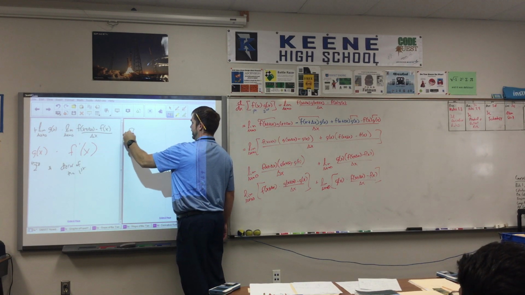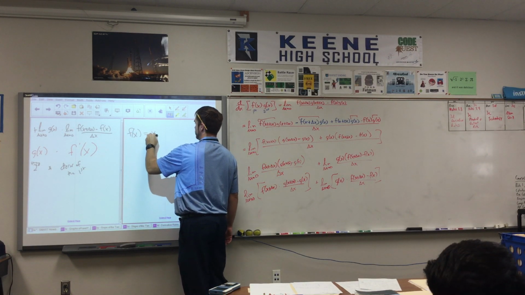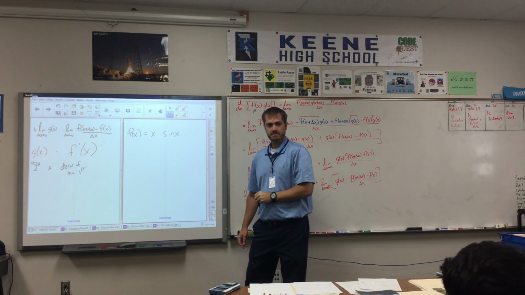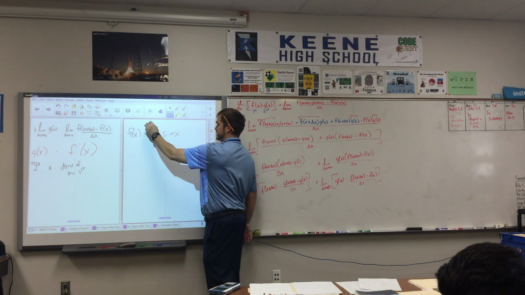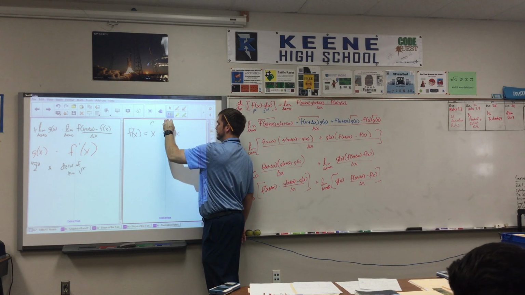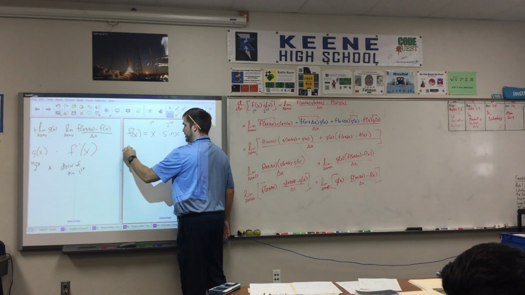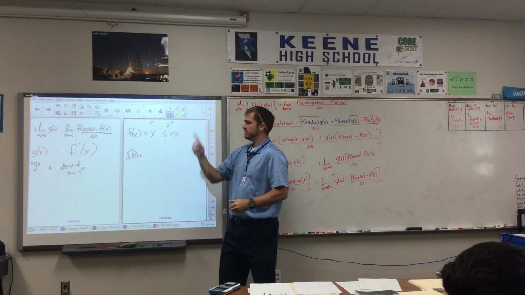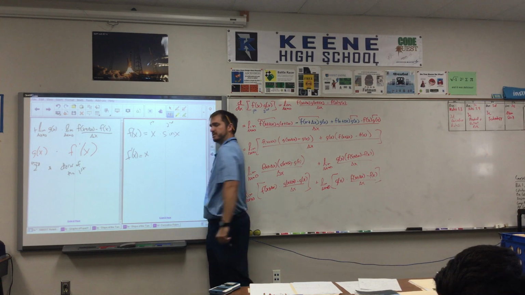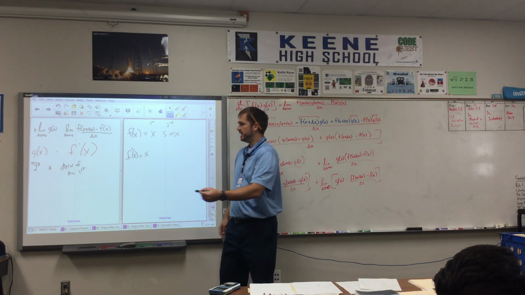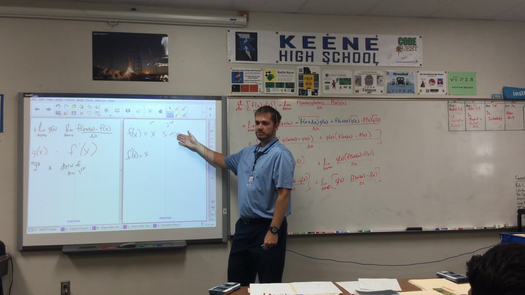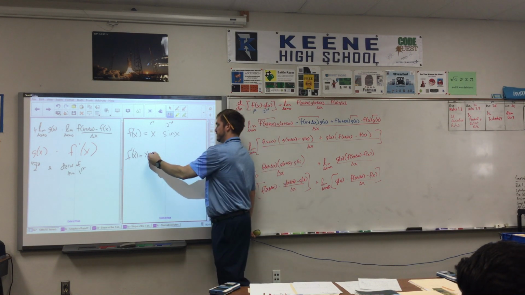So if f of x is equal to x times sine x, x is my first function, sine x is my second function. So f prime is the first, x, times the derivative of the second. The derivative of sine is cosine.